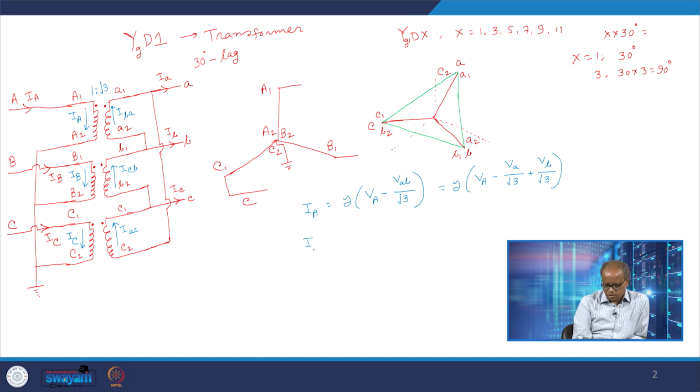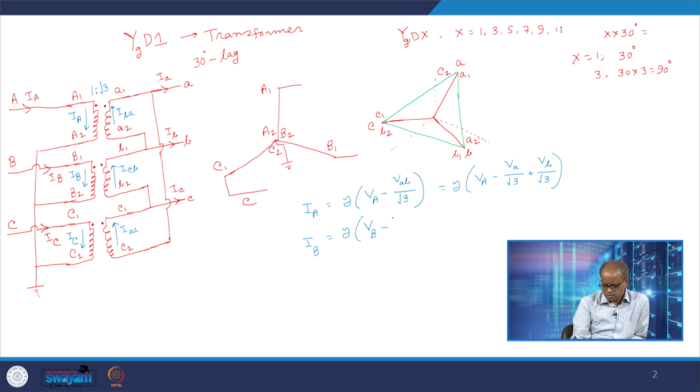IB would be equal to y into VB, that is the voltage at the primary side, and the reflected voltage from the secondary side would be VBC by root 3.